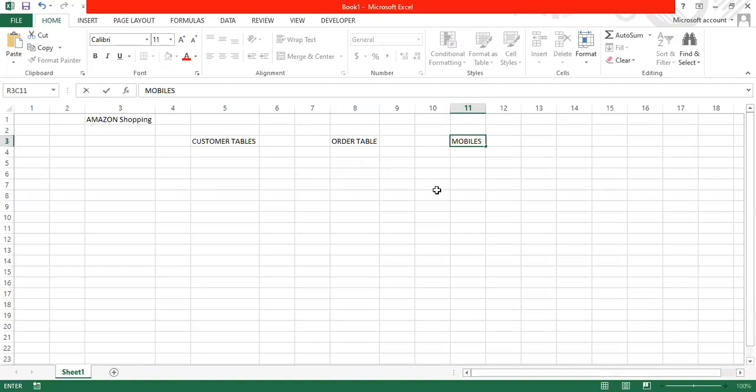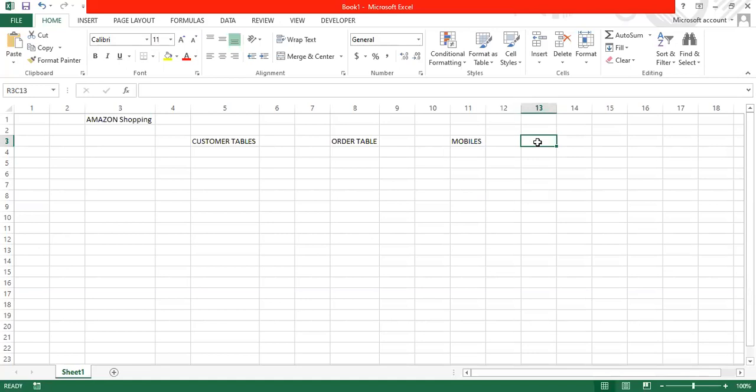Leave aside the sellers part, or whoever the suppliers are to Amazon. Let's keep that as another side of the project. Let's target majorly the customers and the orders. Now I have all the mobiles related information in one of the tables. I have created 3 different tables. Once he places an order, I want to give a couple of offers to the customers.